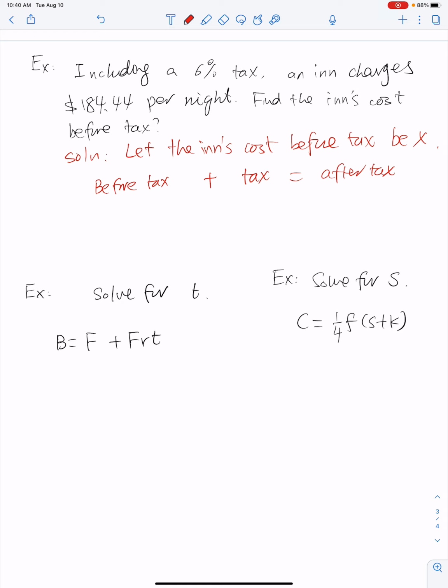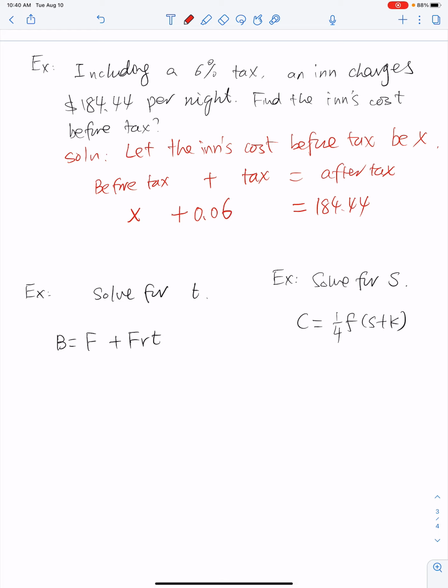What will be before tax? x. What will be the after tax? That is how much you pay, 184.44. How much is the tax? 6%. Is that 0.6 or 0.06? Be careful, it's 0.06.